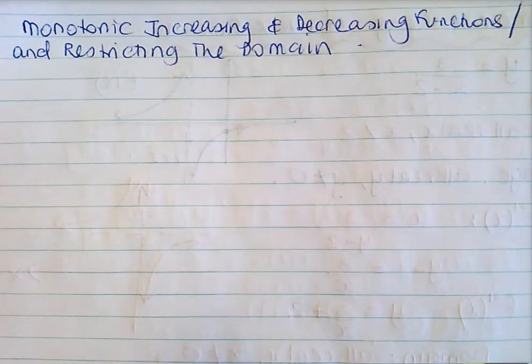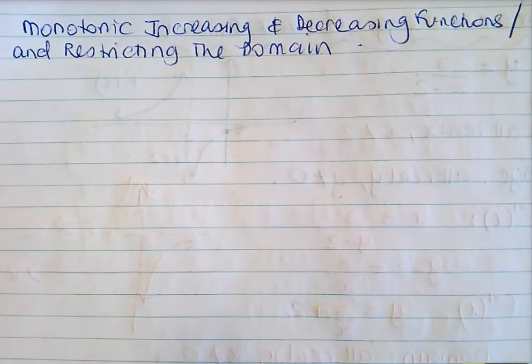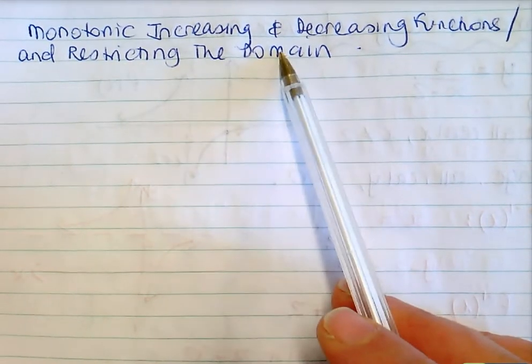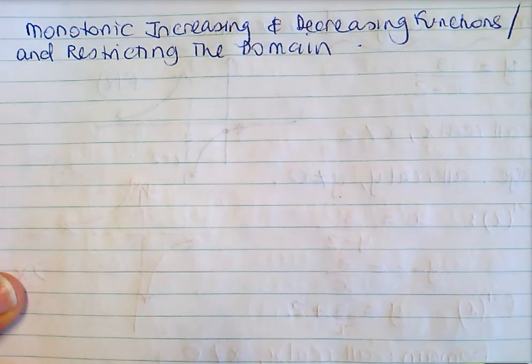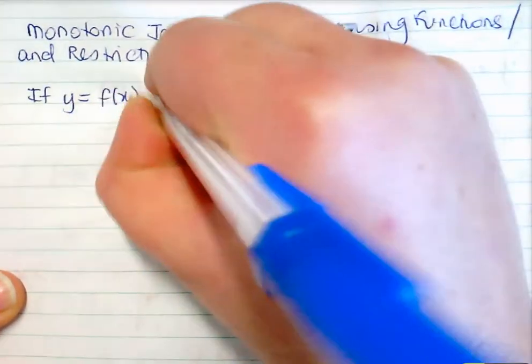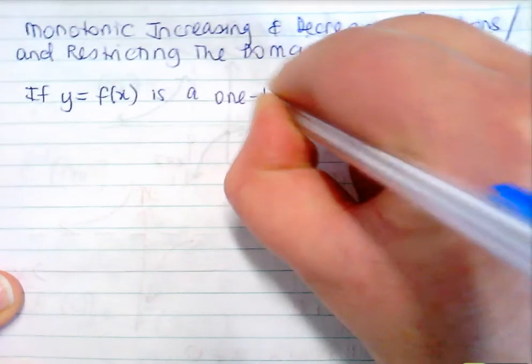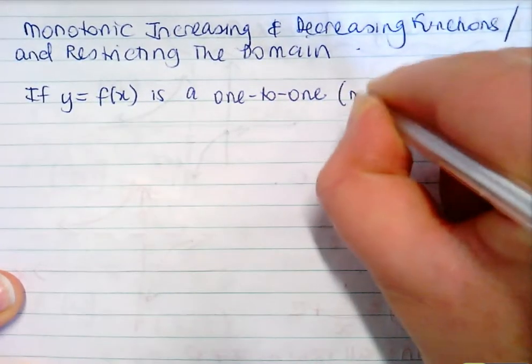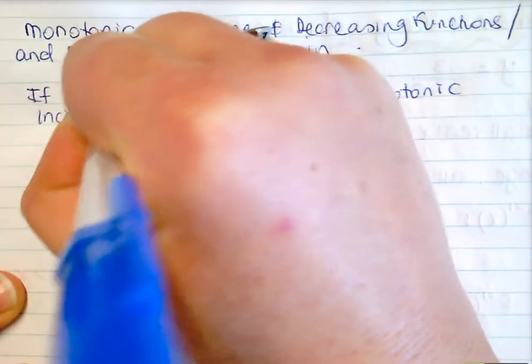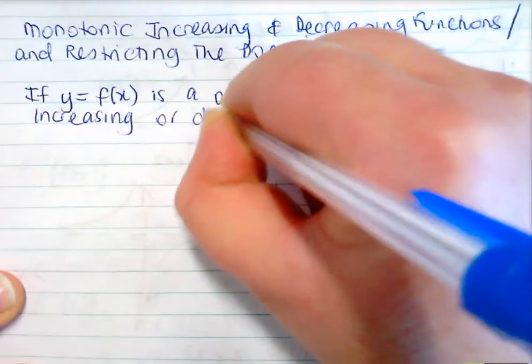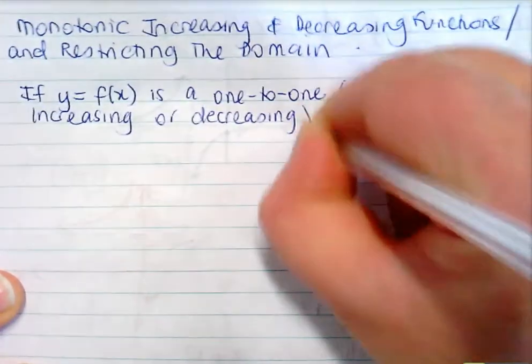Okay, we're now just going to look at monotonic increasing and decreasing functions, and where a function does not have an inverse function, we're going to look at restricting the domain of those functions. So if y equals f(x) is a 1-to-1, which is a monotonic increasing or decreasing function, now I'll explain, does anyone know what 1-to-1 means?